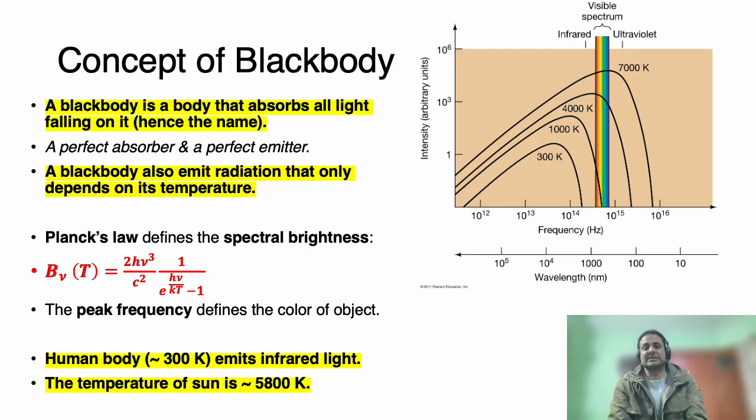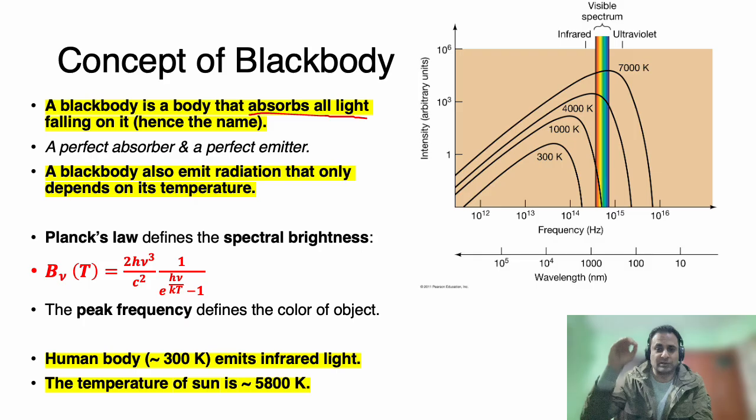So a black body is actually a perfect absorber that absorbs all the light that is incident on that body or falling on that body. That's why we call it the black. So if the light falls on a body and all the light is absorbed, then it means it's black, right? Because we usually see the things because of the reflection.